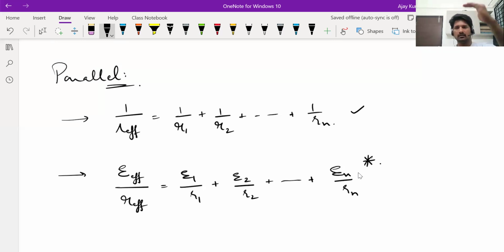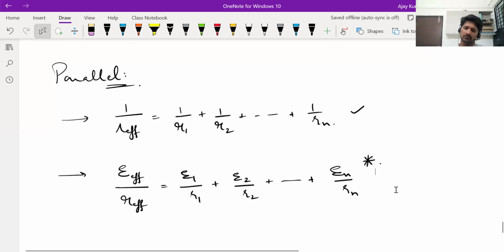This is provided the entire parallel combination has the same polarity. Like all of them have the positives on the left side or all of them have the positives on the right side, then you can use this formula. But if any of the cells is connected with reverse polarity, again, you'll have to use a minus sign for its EMF.